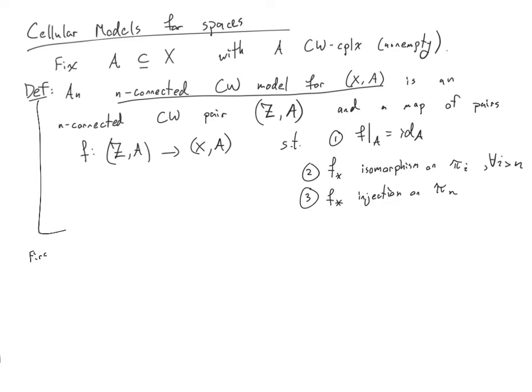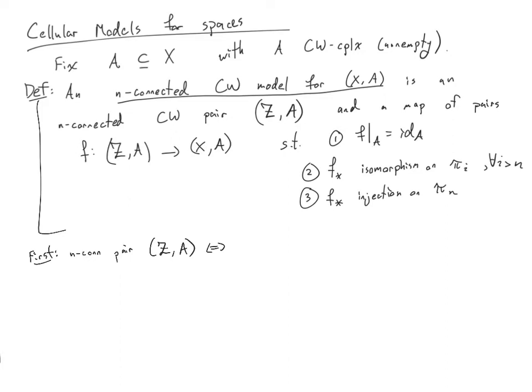So first, recall that an n-connected pair (Z, A), where A is the same A in both cases, but here Z is CW, is the same as saying that the inclusion from A to Z induces an isomorphism in degrees below n and a surjection in degree n.